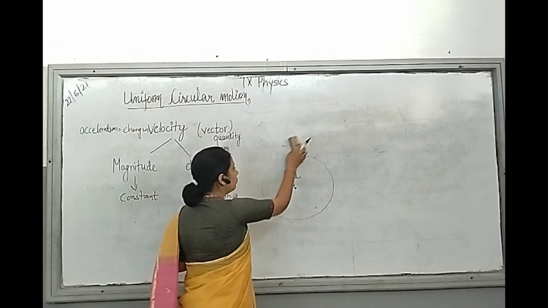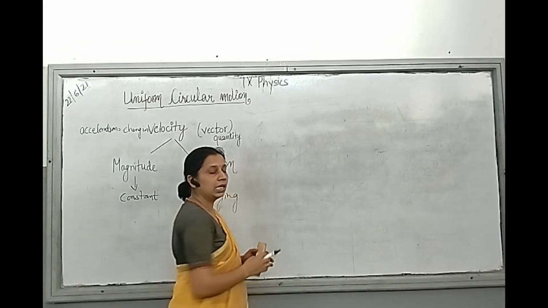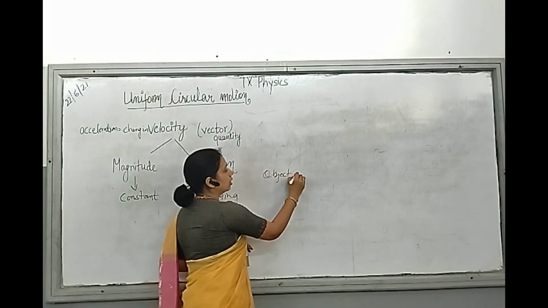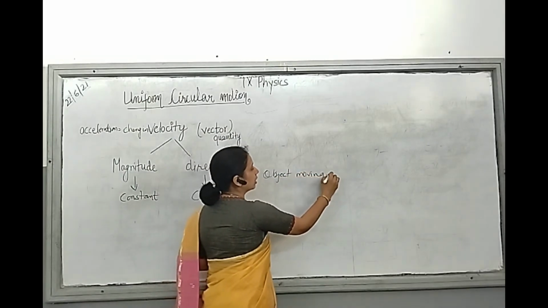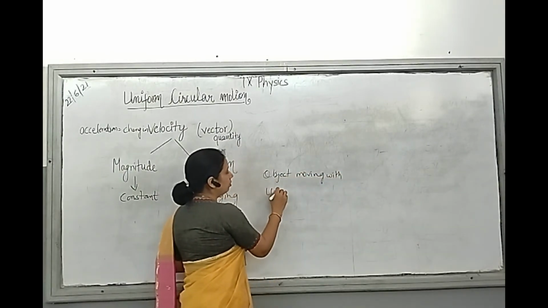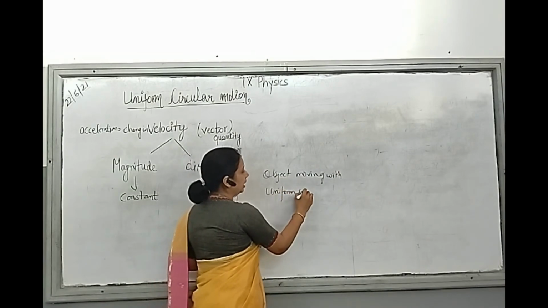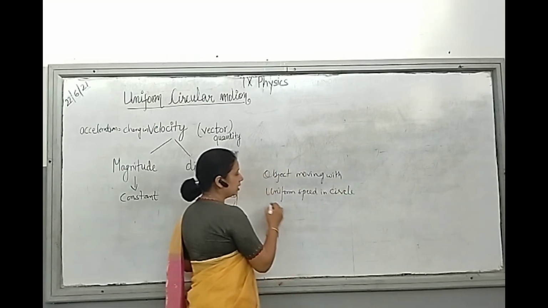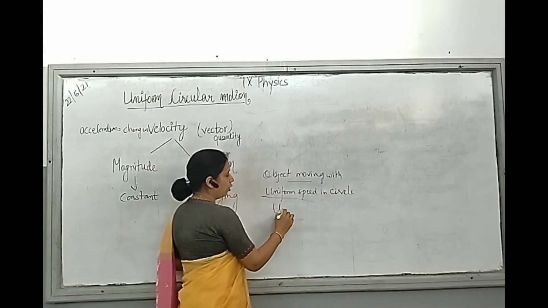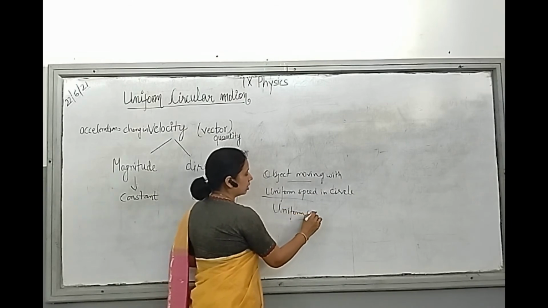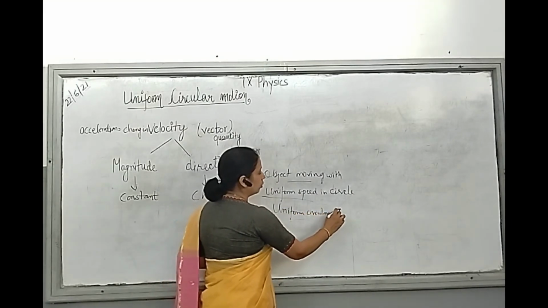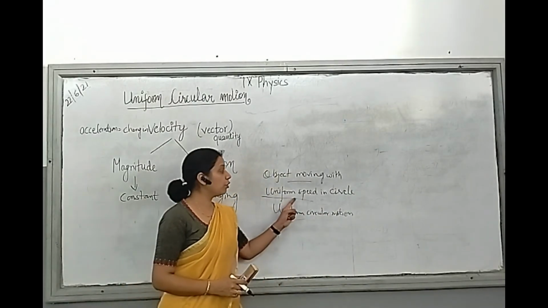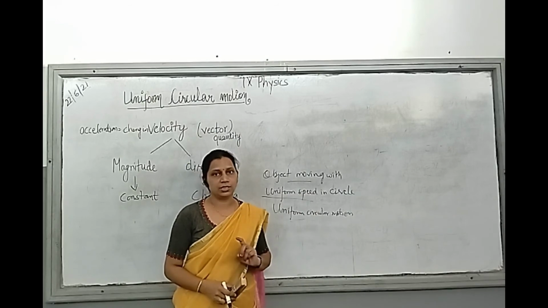So if I have to write a simple definition, an object moving with uniform speed in a circle defines uniform circular motion.